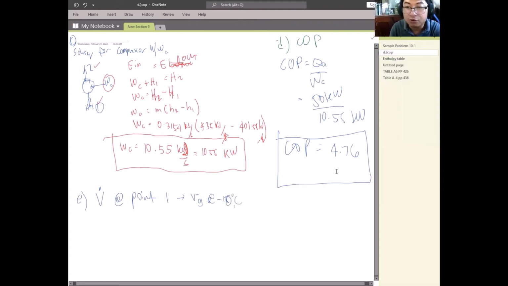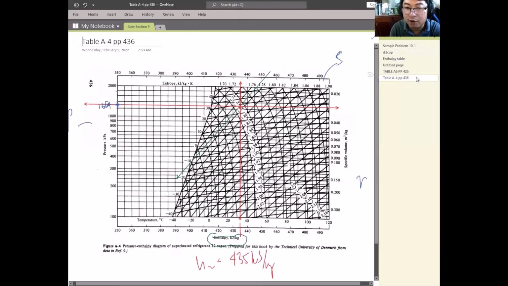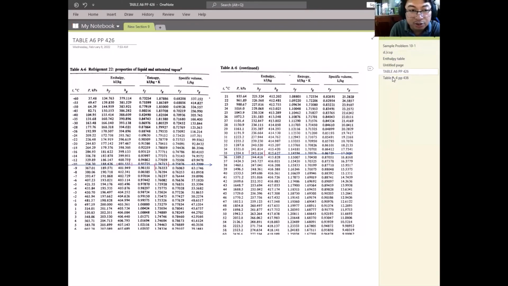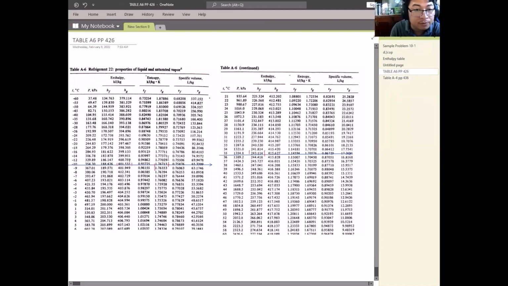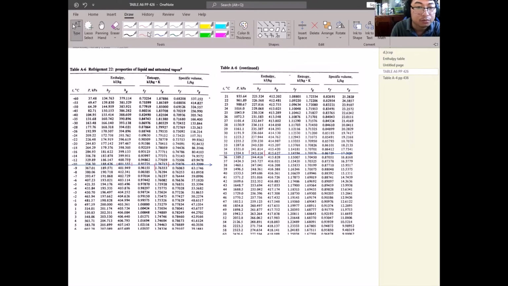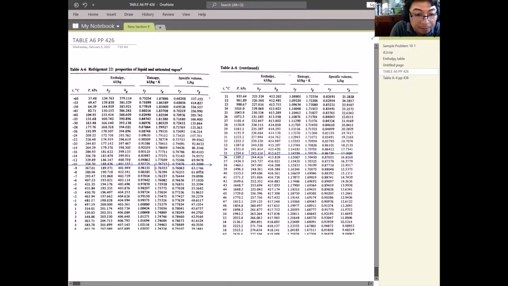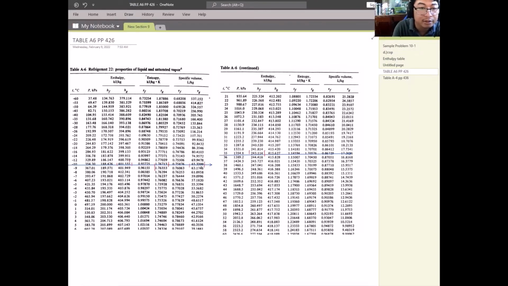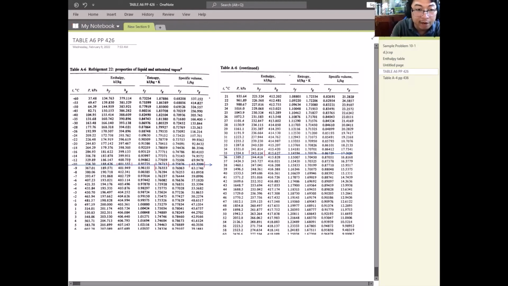So by looking at our saturation chart, table A6, VG is 65.3399. But be careful, the unit here in our book is in liters per kilogram.